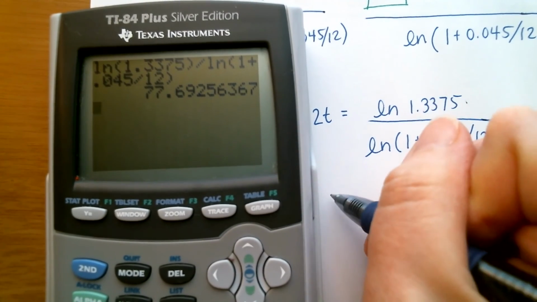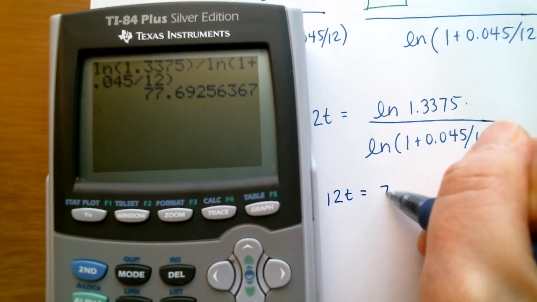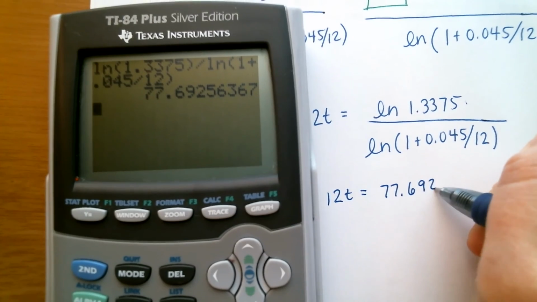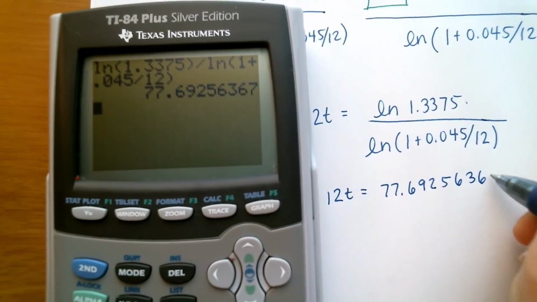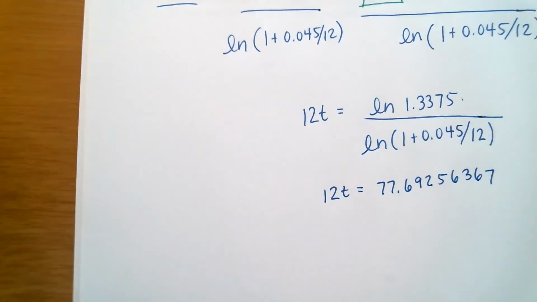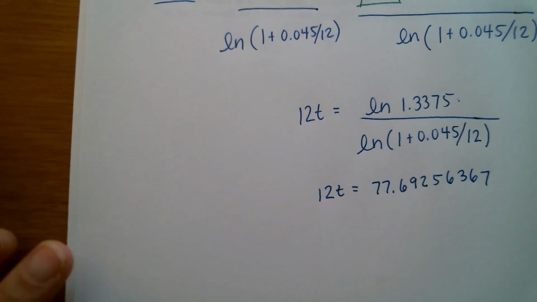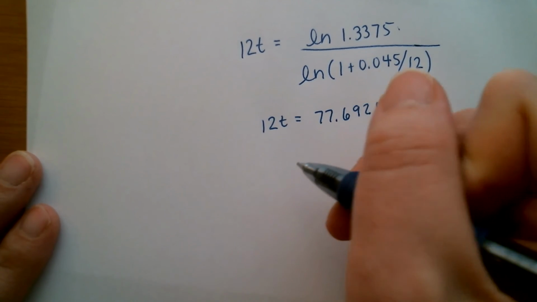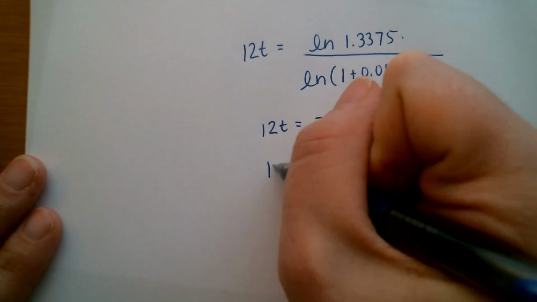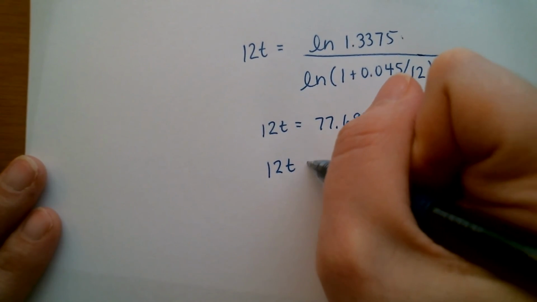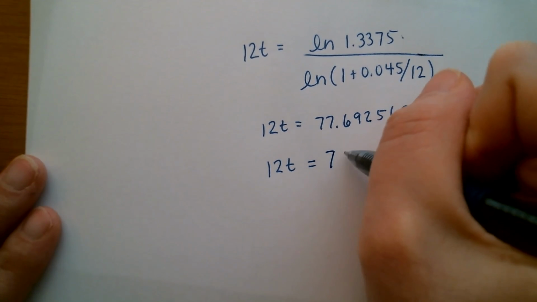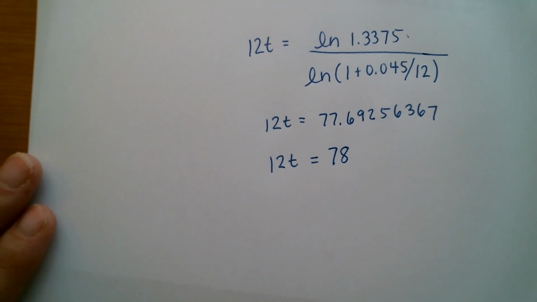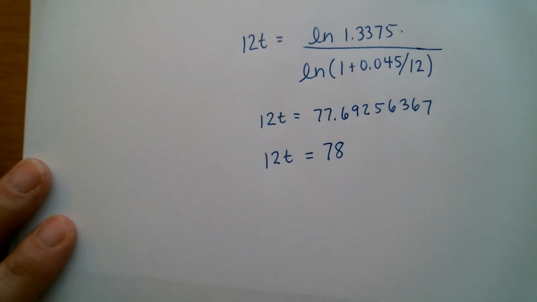So 12t is going to be equal to 77.69256367. Just like you did with compound interest when you were solving for time, you need to take this decimal and round up. So we're going to get 12t is equal to 78. You always round up, even if it had been 77.29.